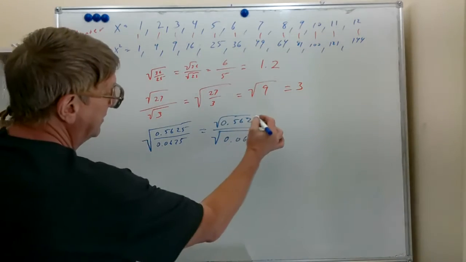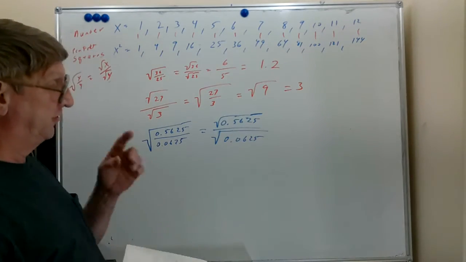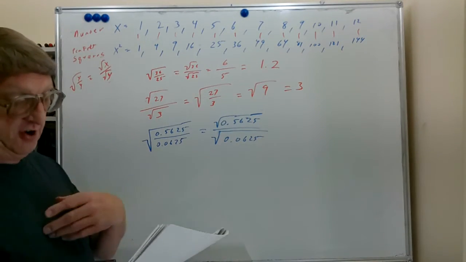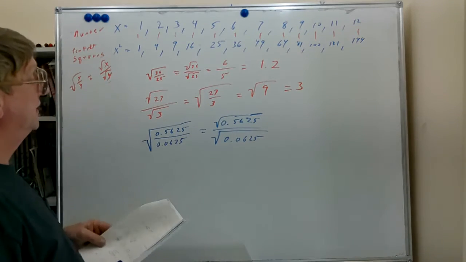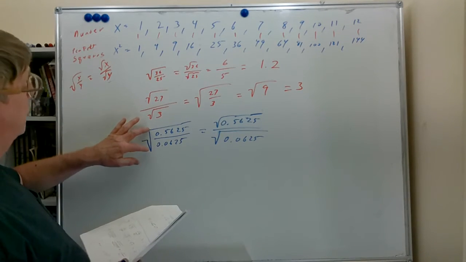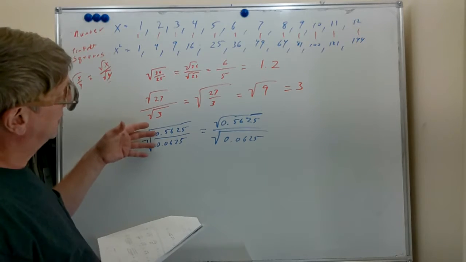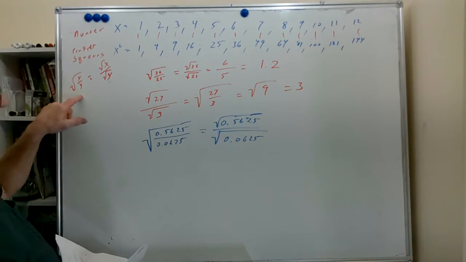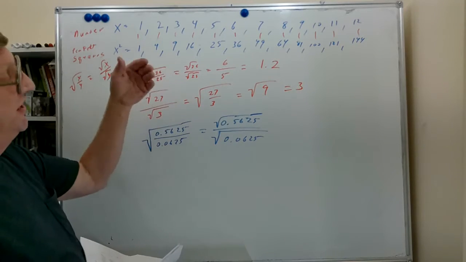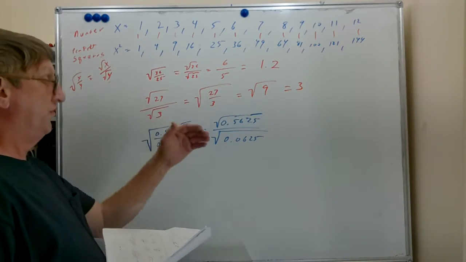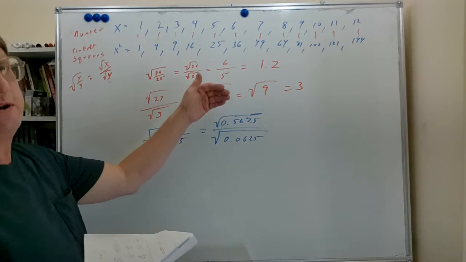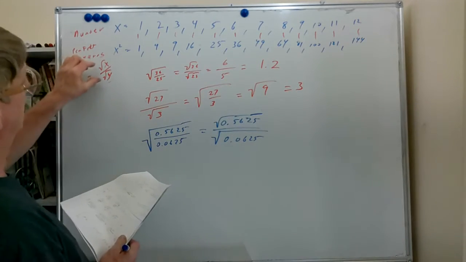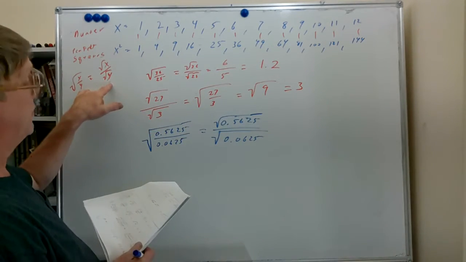So we've got here, and this one you're probably going to want to use a calculator to do, but it still demonstrates the way things break apart. We've taken the square root of a quotient or division problem, like here, square root of x over y. We broke it into the square root of the dividend over the square root of the divisor, or the square root of the numerator over the square root of the denominator, just like we see up here.